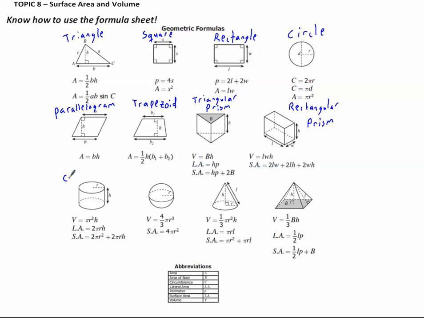It is a cylinder. Right here, 3-dimensional round thing is a sphere. This thing that's got a triangle kind of top looking thing with a circle on the bottom is a cone.